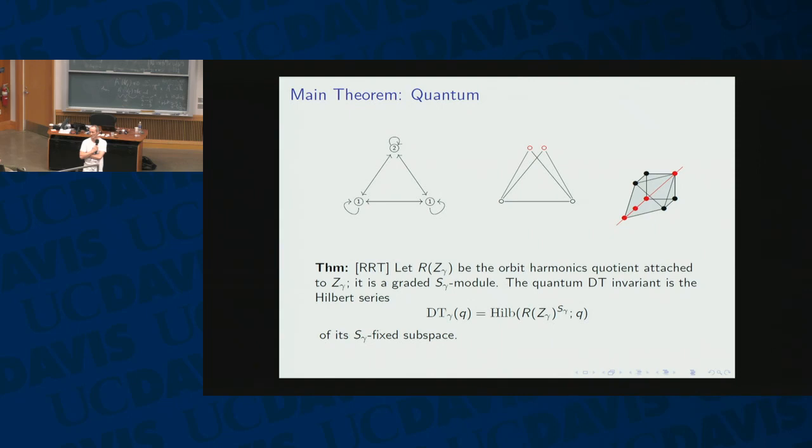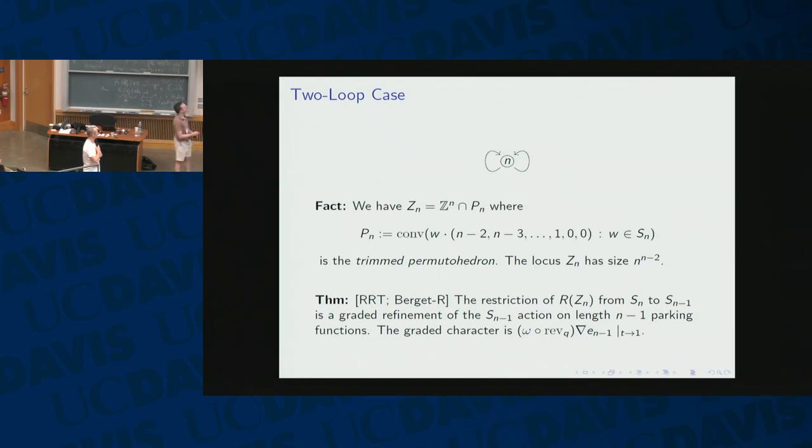And then my second question was, you gave the size of V_n to be n to the n minus 2. This also happens to be the number of trees that have labeled vertices. Is there any reason why those numbers would be the same? So the question was, in this example, the size of the locus Z_n is n to the n minus 2, which counts, among many other things, trees, right?